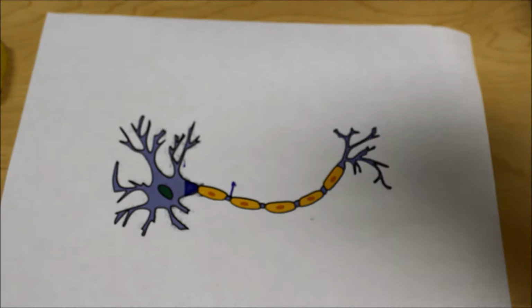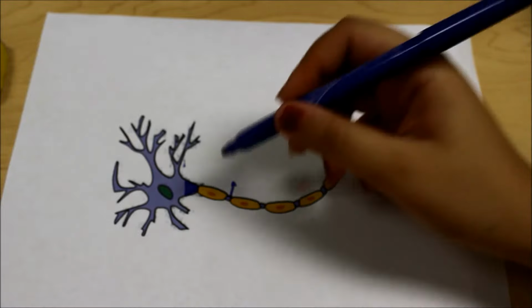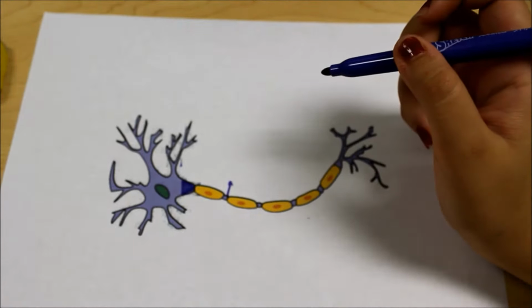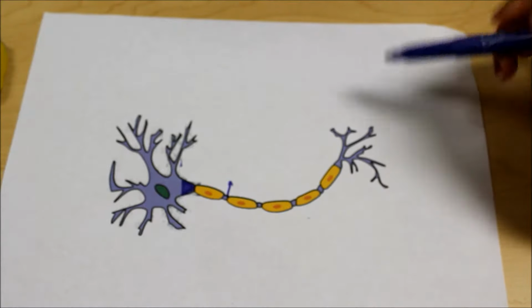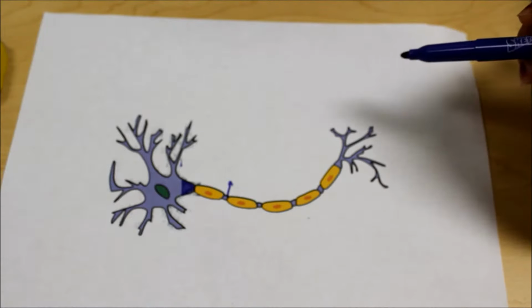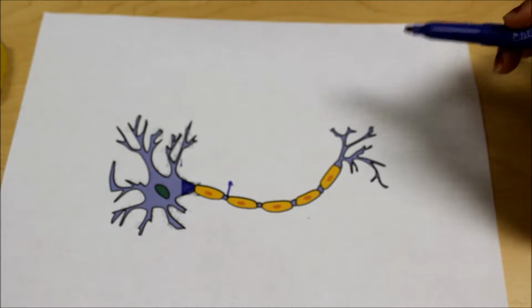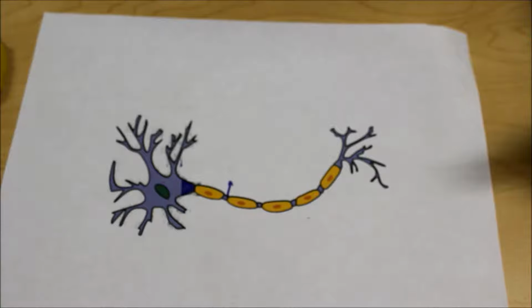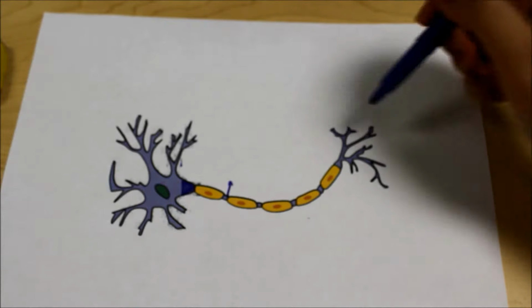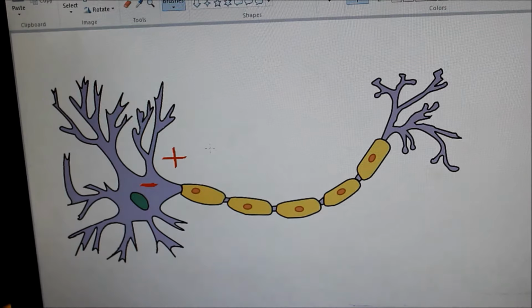It looks like Tic Tacs, and it's like a space between Schwann cells. The last part of the neuron here is the axon terminal, and it's called the secretory region because it releases neurotransmitters to the neighboring neurons.